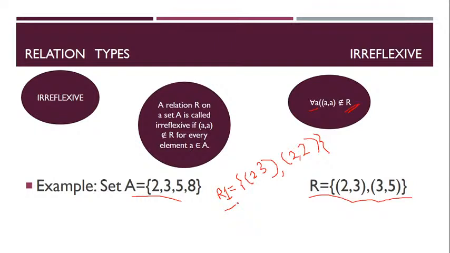And just because only 2 2 is there, R1 is not reflexive. So this R1 is not reflexive as well as not irreflexive.